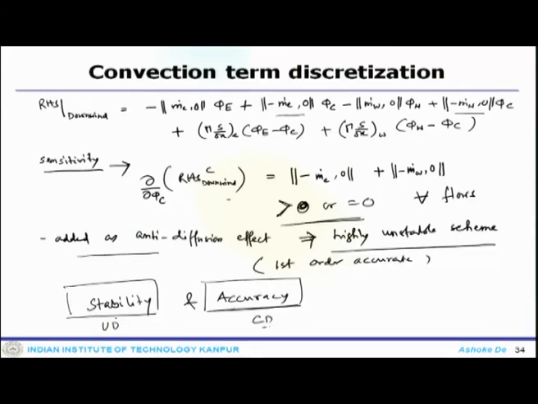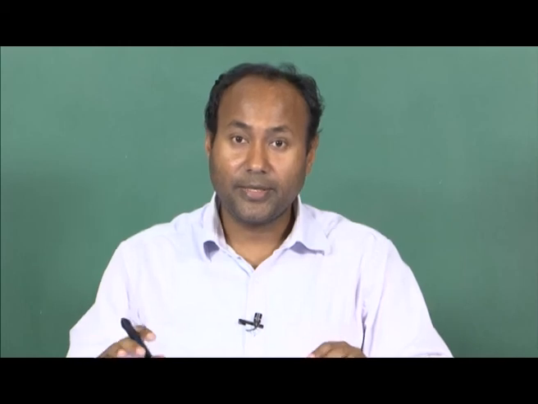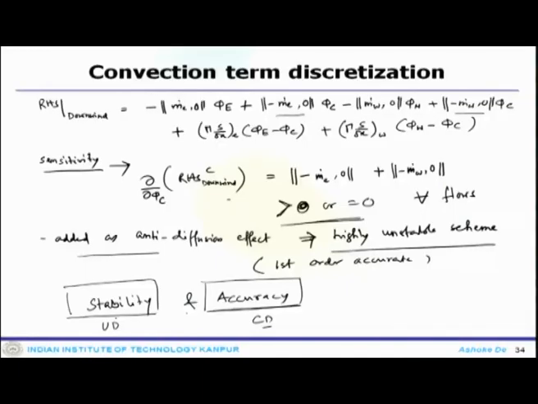The CD scheme is highly accurate, but it does not provide a great level of stability. So, these are two important things where one has to make a trade off between stability and accuracy, and that is what happens with the schemes we have seen so far. We carry forward the discussion. Thank you.